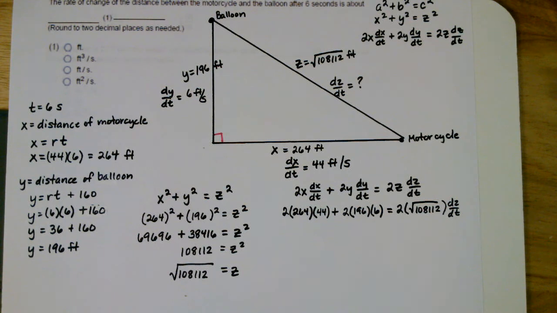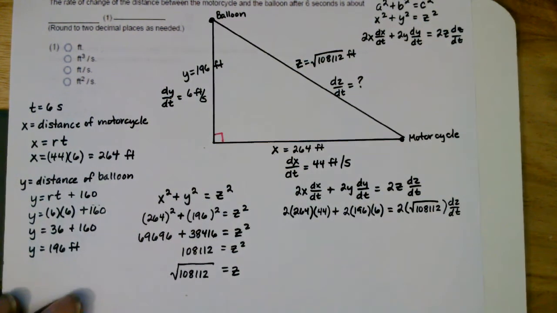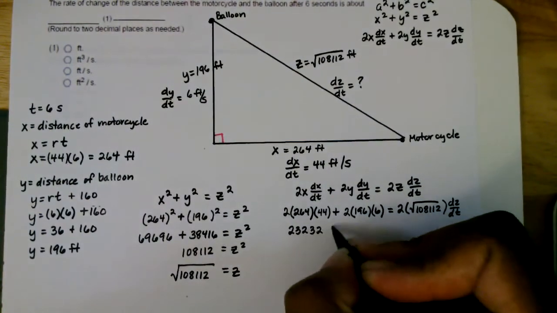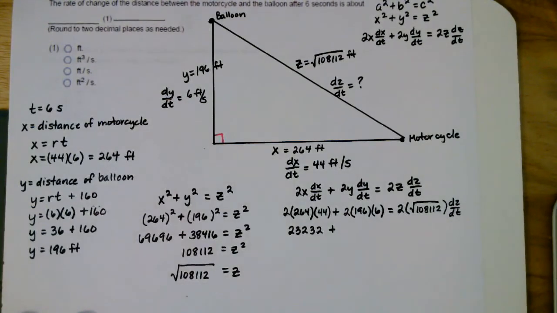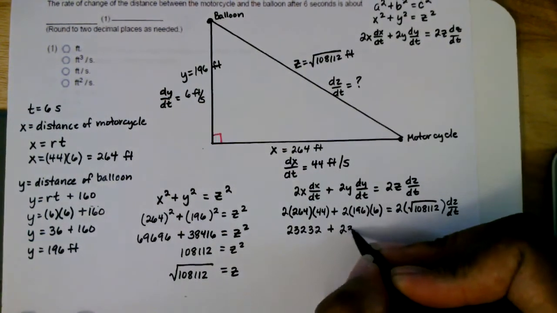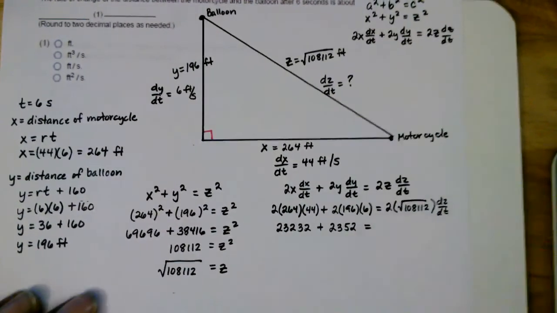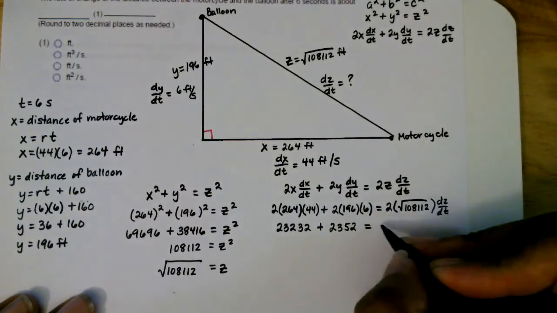Okay, so now let's simplify this. If I do 2 times 264 times 44, I'm going to end up with 23,232 plus 2 times 196 times 6, which would be 2,352, equaling, and in this case here, I'm not going to simplify the right side.